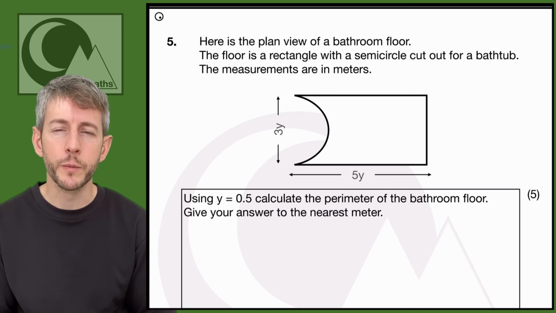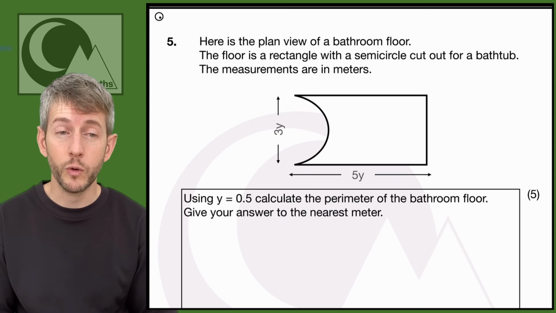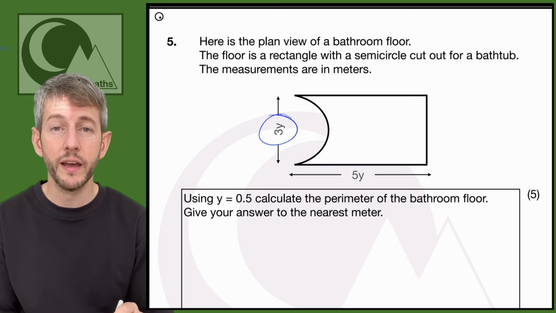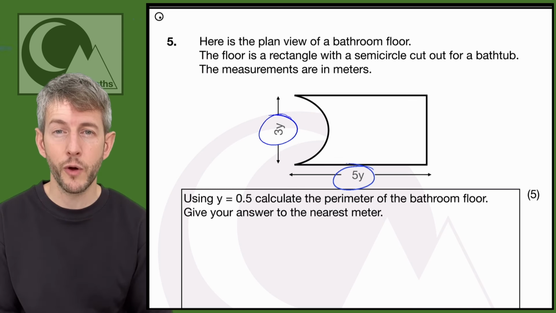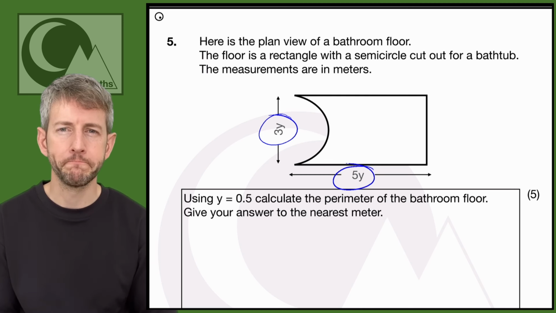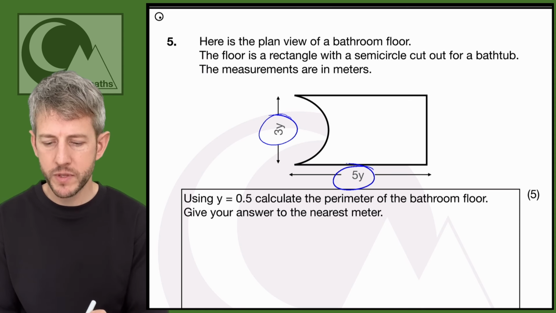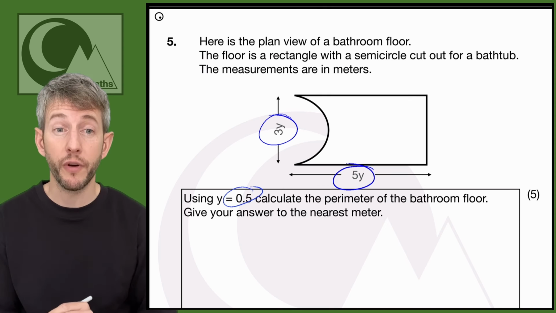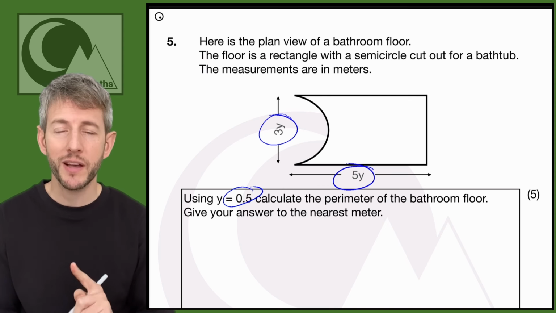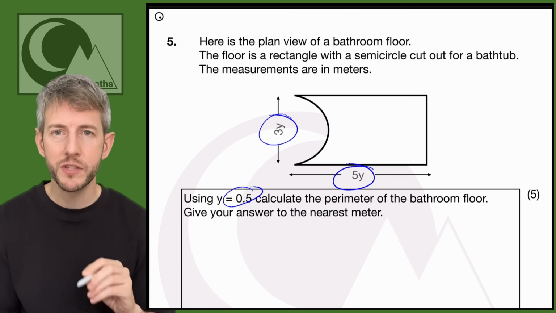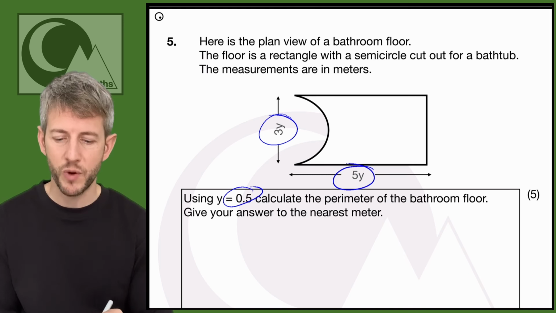Right, okay, so what I need to do here is, first of all, work out what these measurements are. So I can see I've got 3y here, and I've got 5y here, okay? Now, if this is 3y, and this is 5y, and I'm told that y is equal to 0.5, the first thing they expect us to know here is how to substitute this value into these expressions.